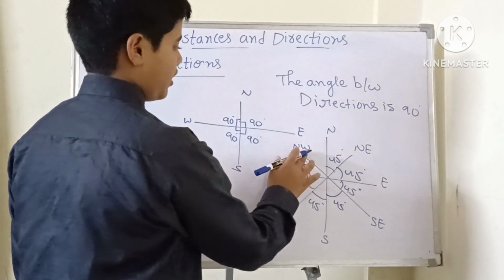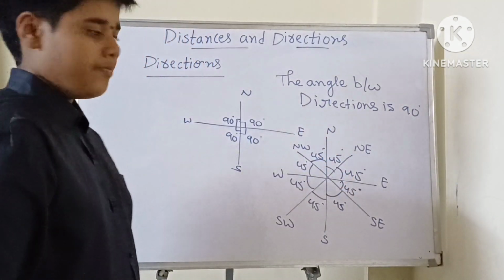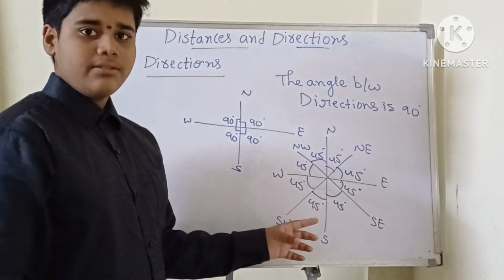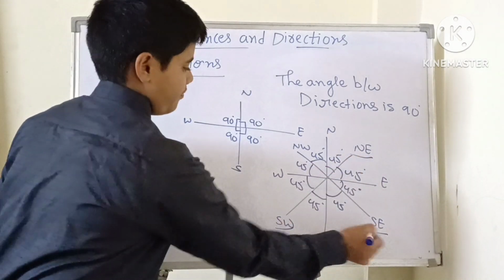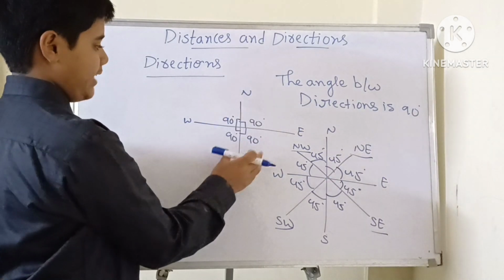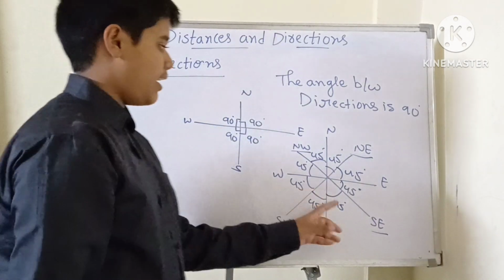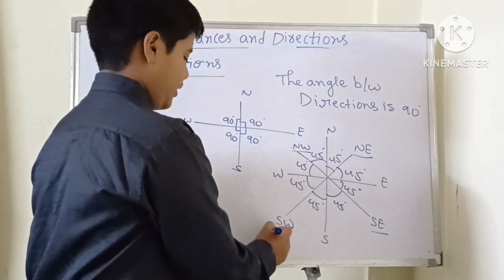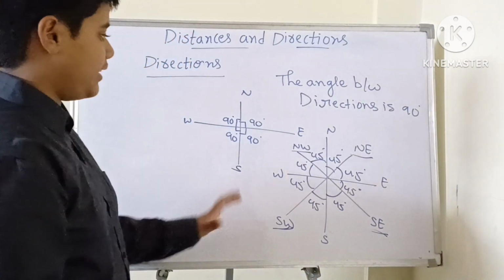And the angle between northwest and north is 45 degrees. Okay. So these are the angles when intermediate directions are there. These are the angles at main directions, and these are at intermediate directions.